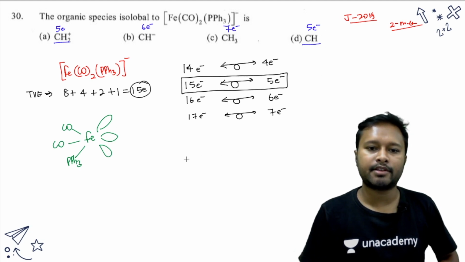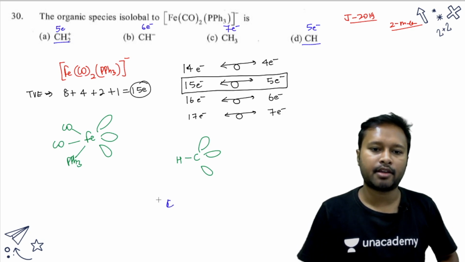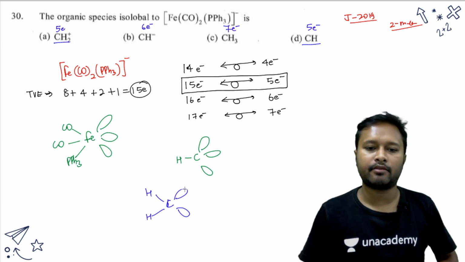If you look at this CH group, because carbon has 4 valency, it has 3 vacant sites. But this CH2 group has carbon attached to two hydrogens, so it has just 2 vacant sites.